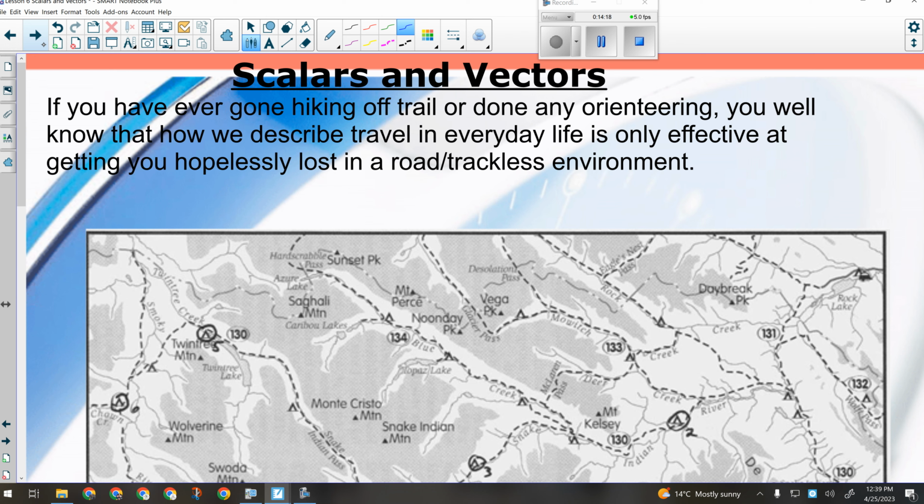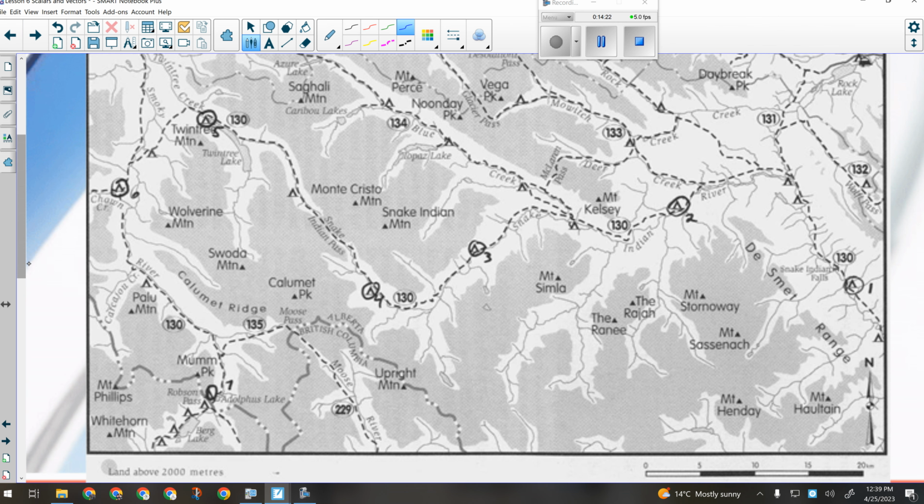So let me give you an example. Let's say I'm looking at this map here. Actually, I'm not looking at this map. I'm actually standing right here at Seldom Inn Campground, and I'm headed to Snake Indian Falls Campground. Right outside of Seldom Inn Campground is a sign, and that sign says Snake Indian Falls Campground, 27 kilometers.